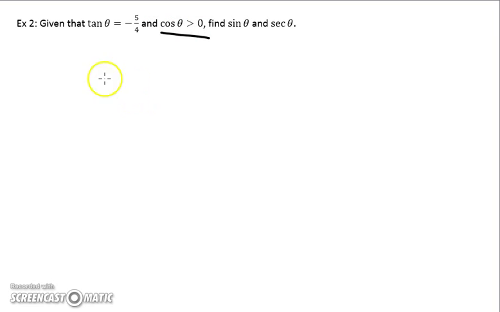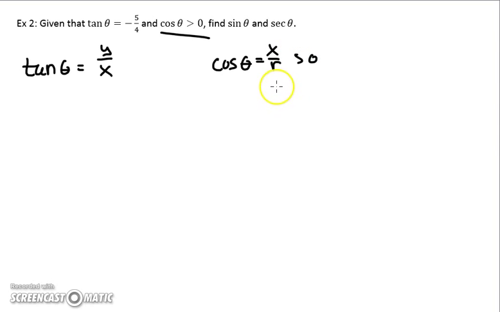Cosine's got to be bigger than 0. Remember that tangent of theta is y over x, and the cosine of theta is x over r. If cosine has got to be greater than 0, and we know that this tangent is negative, we know that y has got to be the negative value.